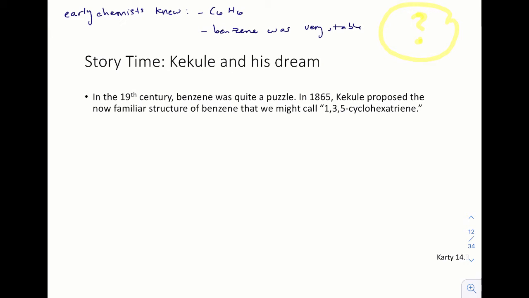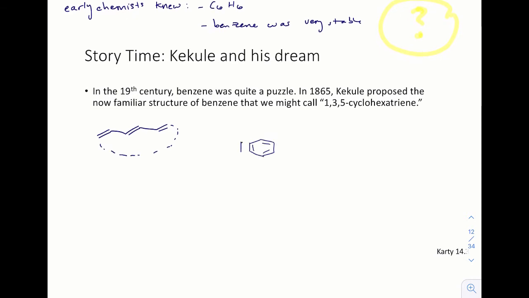Now, this story is probably false and just told to advance his own self-interest, but in the late 19th century, Kekulé, who was a hydrocarbon chemist, described a dream that he supposedly had about benzene. He dreamed there was a six-carbon snake chasing its own tail, and he realized in that moment that benzene was a ring of alternating double and single bonds.